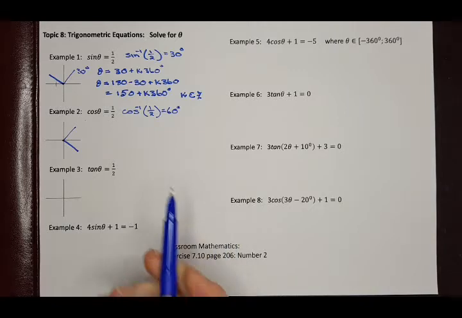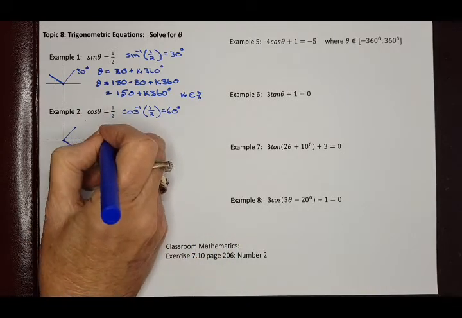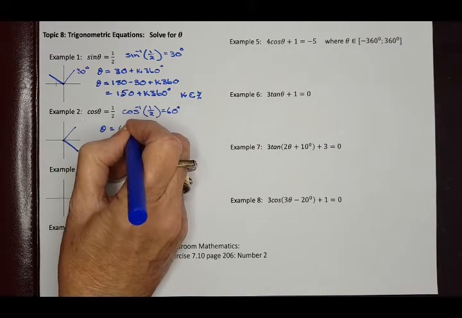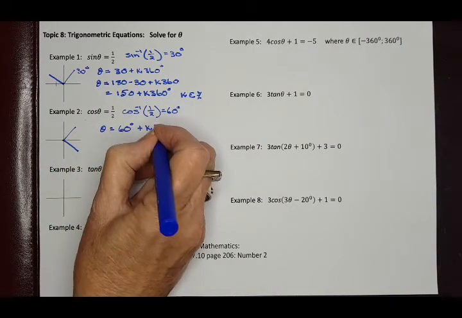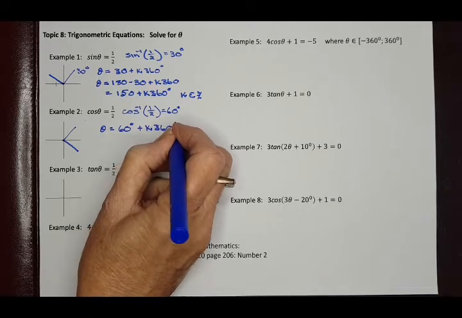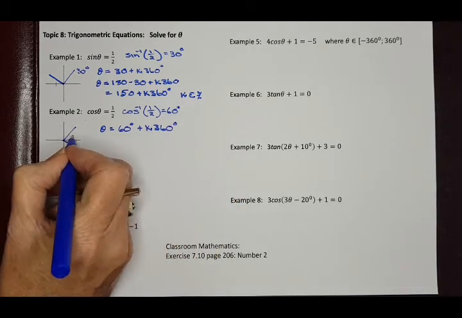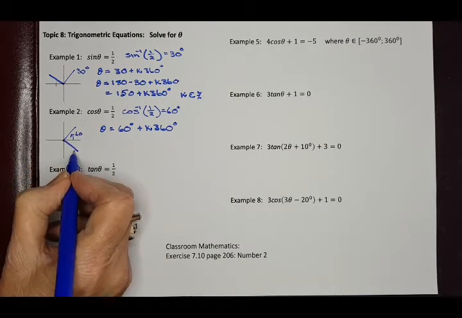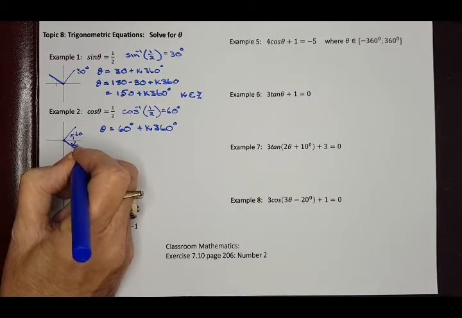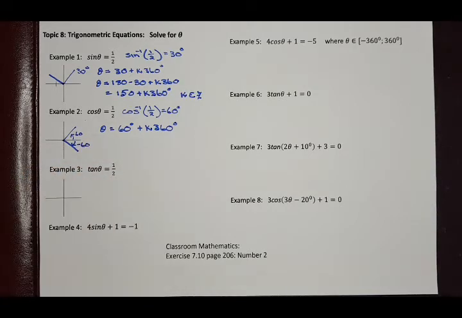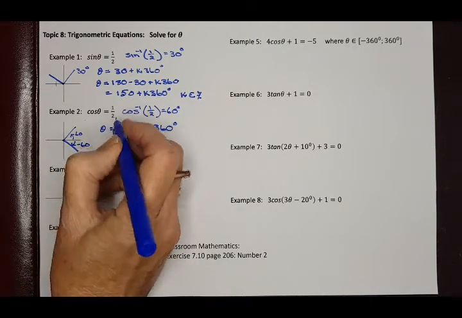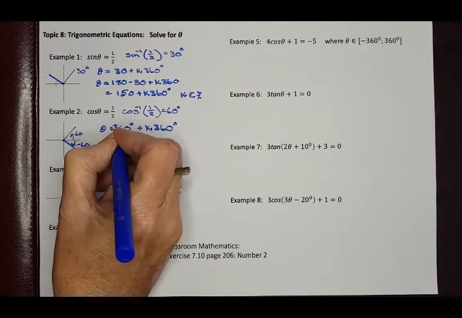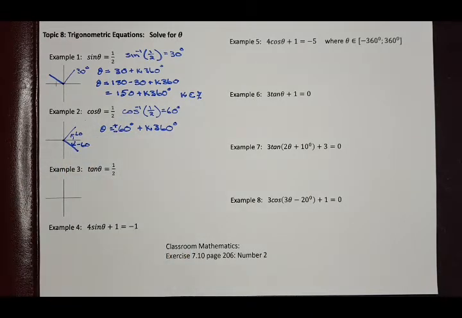So if we want every single possible solution to that equation, we could say 60 degrees plus any integer multiple of 360, or, so in other words, that angle there is 60. We could take 360 minus 60, but it's actually much quicker just to talk about minus 60 like that. So when we solve a cos trig equation, we're going to write plus or minus 60 plus k 360.